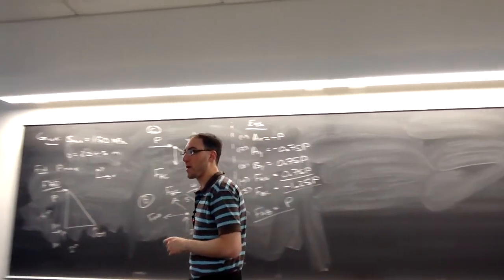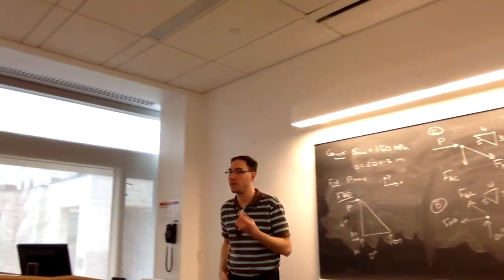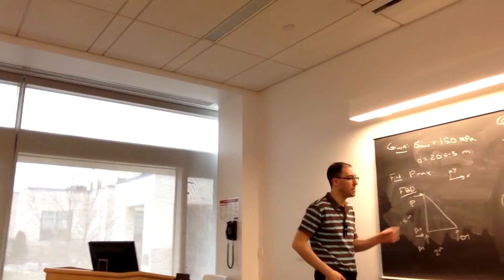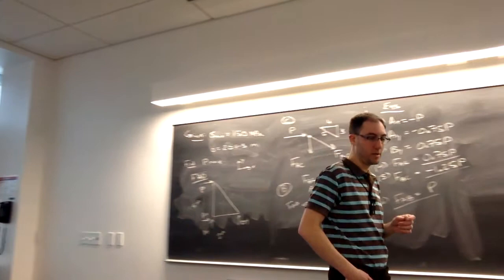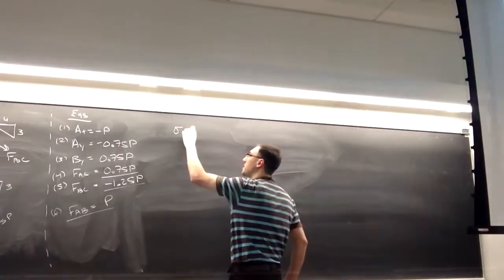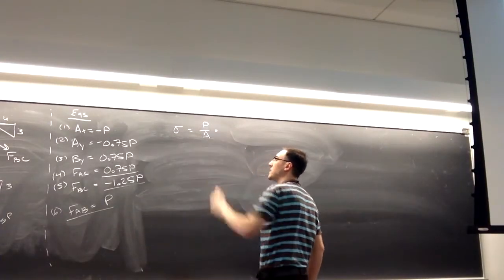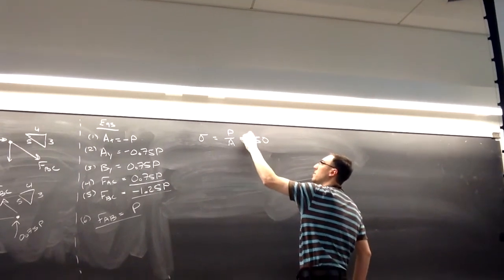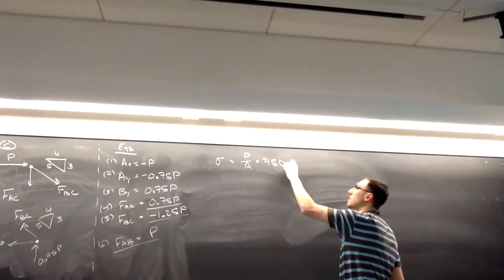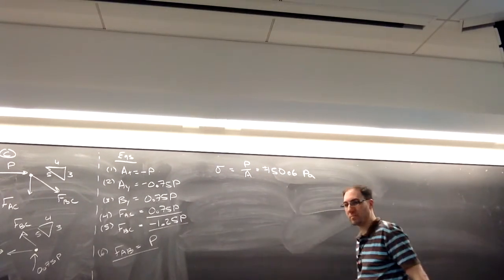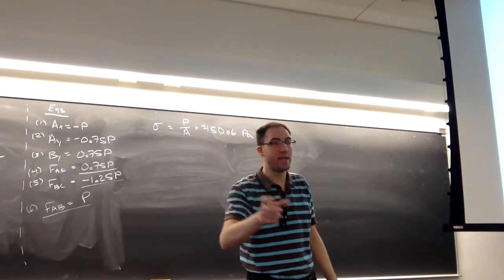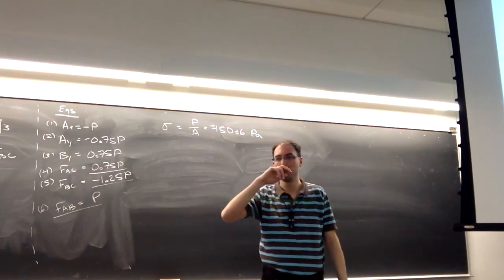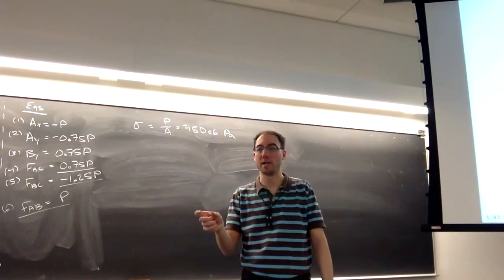So where can I go from here to answer the question, what's the most the value of P can be so that none of the members are exceeding that value of normal stress? The stress in this case is P over A. We're finding the limit of it, so we're going to set it equal to plus or minus 150 times 10 to the 6th pascals. Now, what advantage do we have in this that in general we might not have? A is constant. All three of them have the same cross-sectional area.